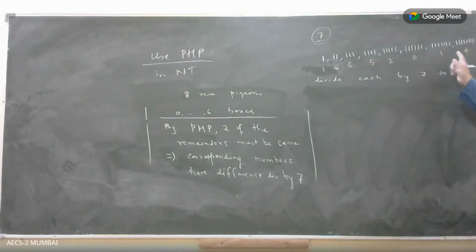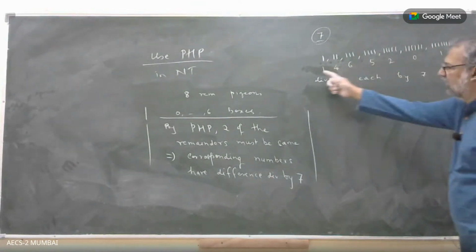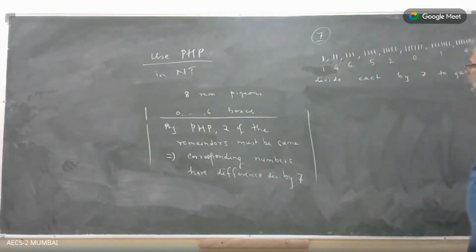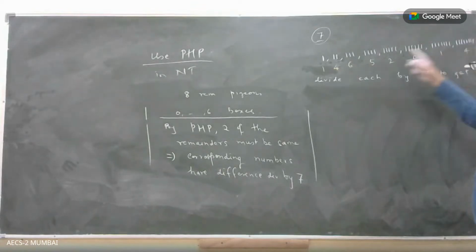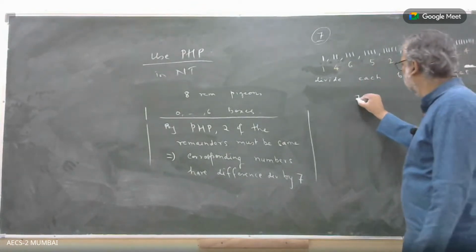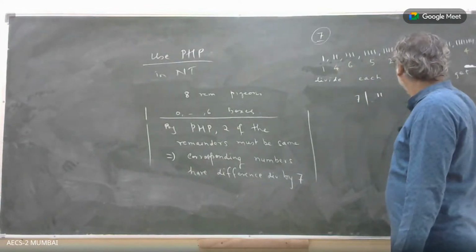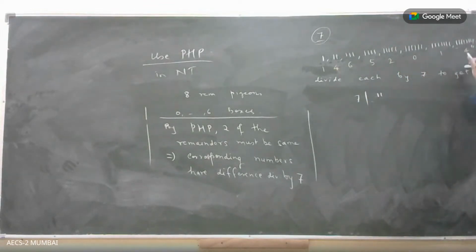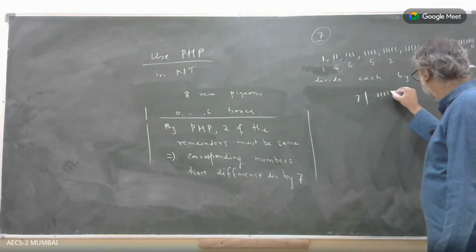So, for example, say this number and this number have the same remainder, and the difference will be divisible by 7. Or this number and this number have the same remainder, the difference will be divisible by 7. So 7 divides this minus this, right? This minus 11, I get last two 0s, and 6 ones.